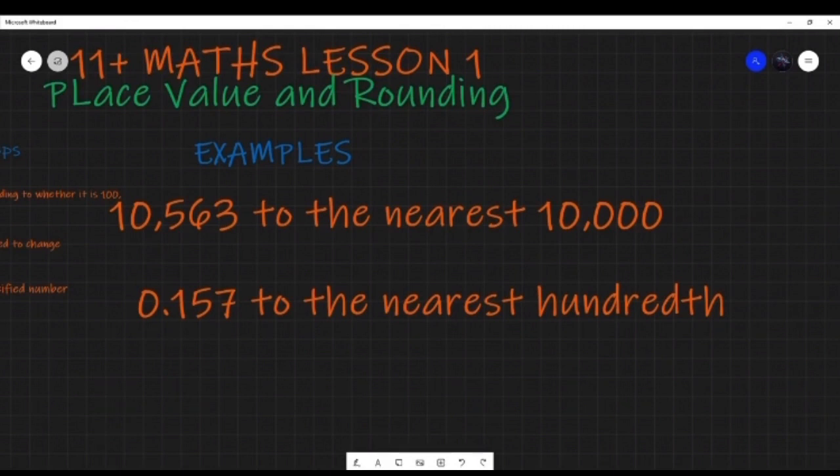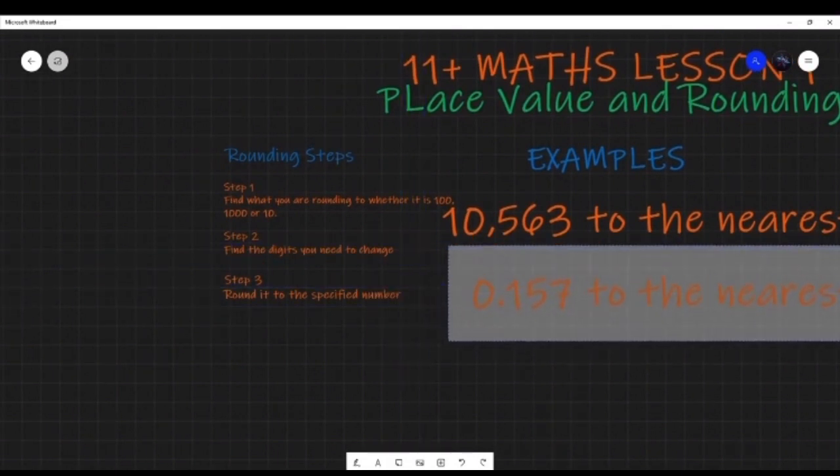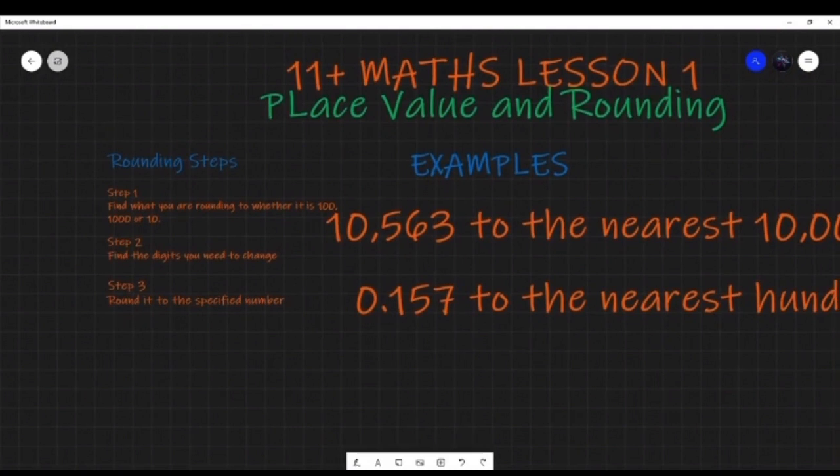It's quite simple, quite easy. These are literally 3 marks in the exam, and most people fly past these. Just apply these steps, and it's very simple. And just remember, when working with whole numbers, you look at the digit before. When working with decimals, you look at the digit after.